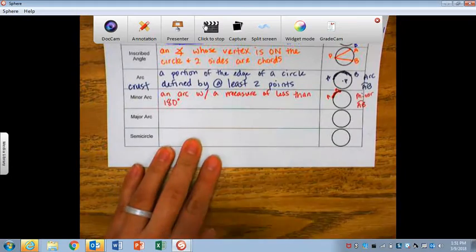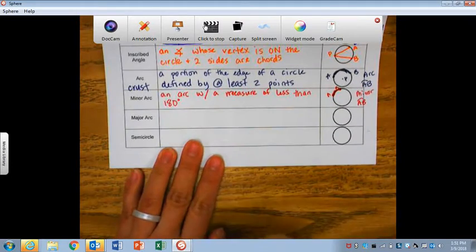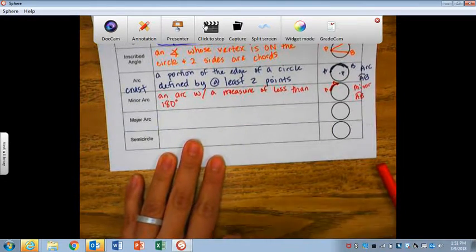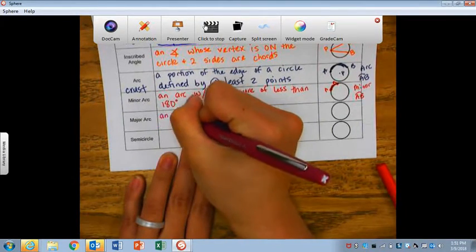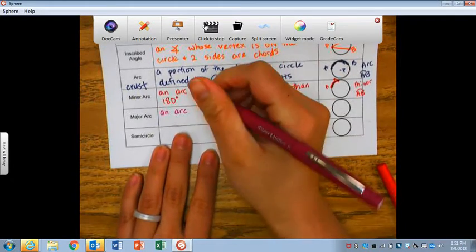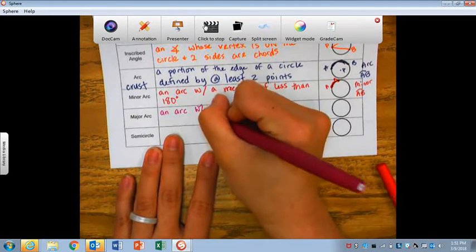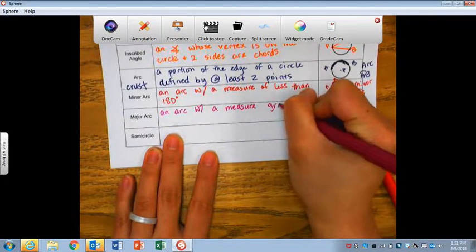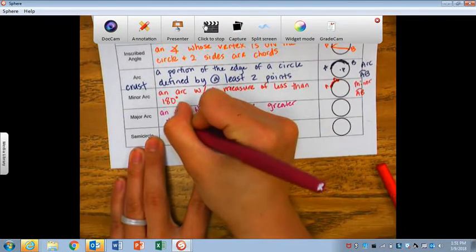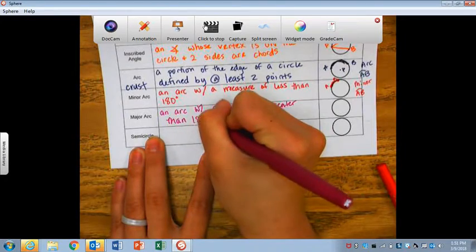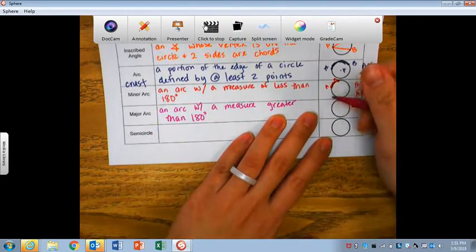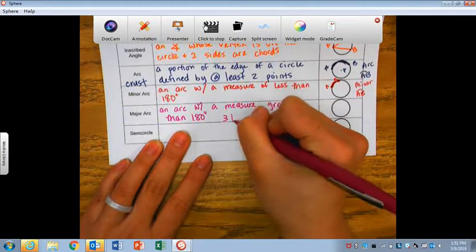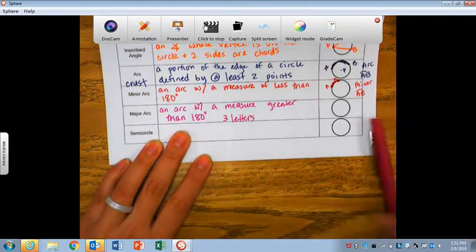All right, major arc. Guess what a major arc is? An arc with a measure greater than 180 degrees. Obviously this is going to have 3 letters, and my bad, let's go back to minor arc.